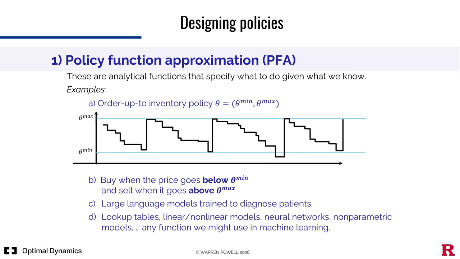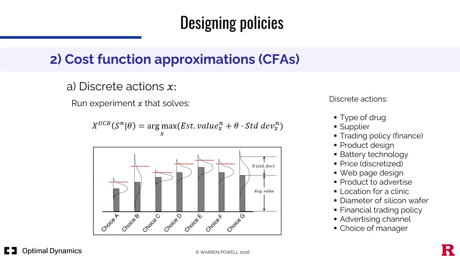Policy function approximations are lookup tables, linear and nonlinear models, neural networks, any function we might use in machine learning. Of the 4 classes of policies, this is the only class that does not have an embedded optimization problem within the policy. Okay, so our second category within policy search is cost function approximations.